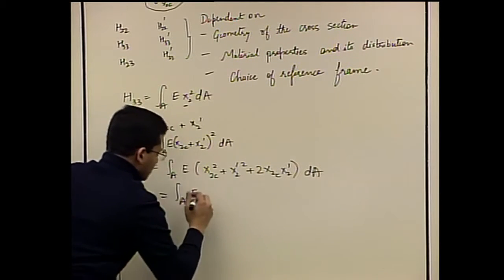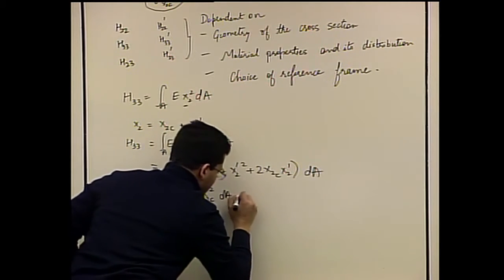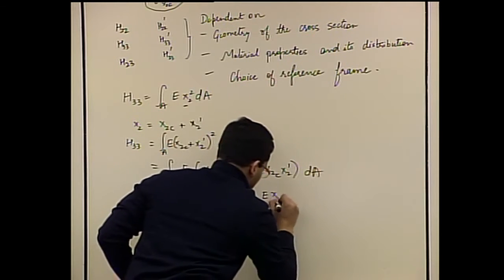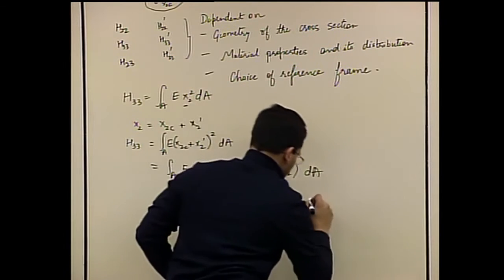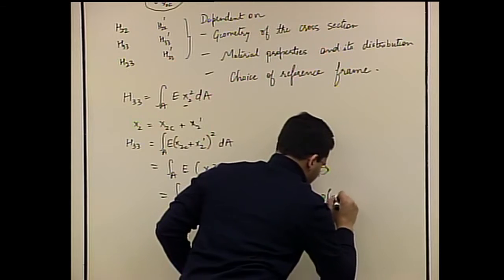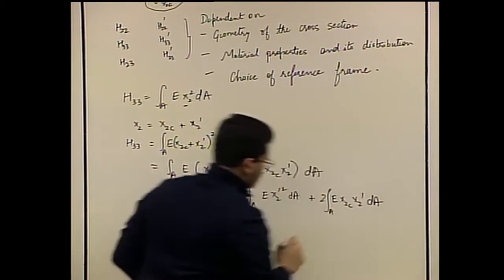It becomes integration over the area E x2c square dA plus integration over the area E x2 prime square dA plus 2 integration over the area E x2c x2 prime dA.